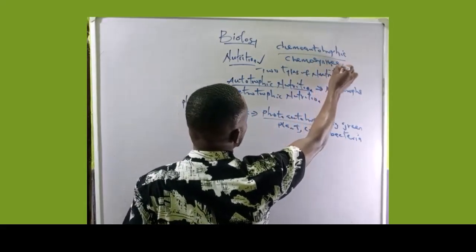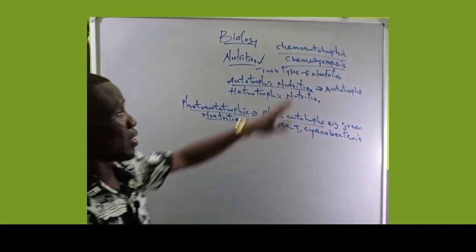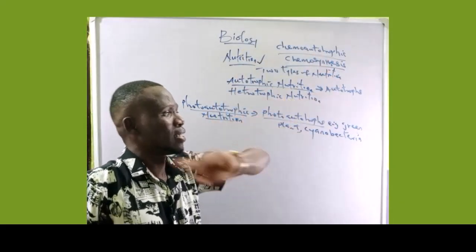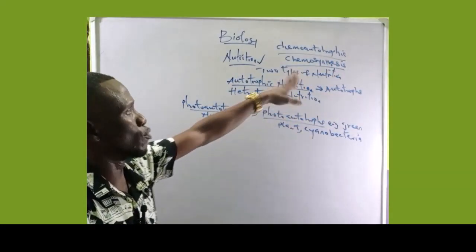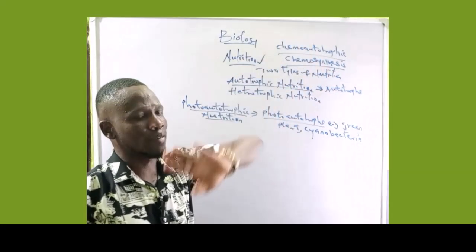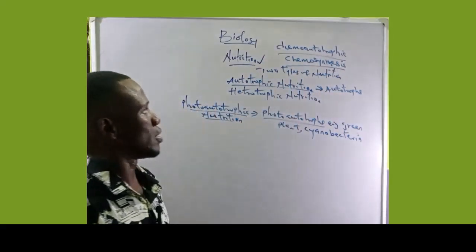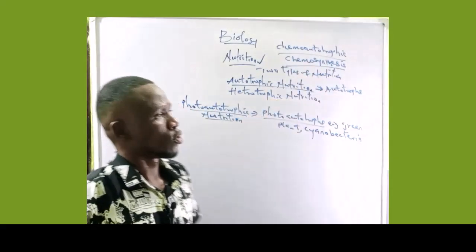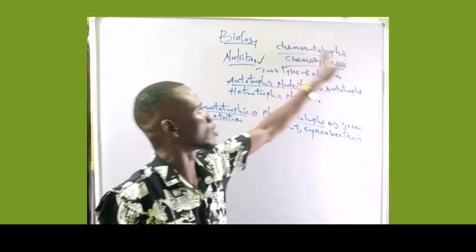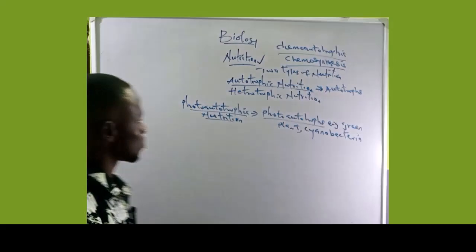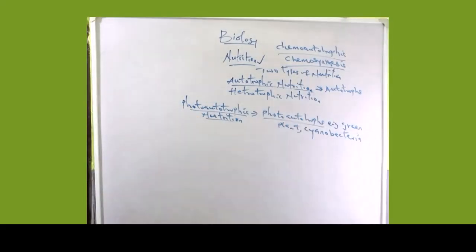So for Nitrobacter, Nitrosomonas and sulfur bacteria, as I said earlier, the process by which they make their food by the use of chemicals is called chemosynthesis. The organism itself is a chemoautotroph, while this mode of nutrition is chemoautotrophic. The process is chemosynthesis.